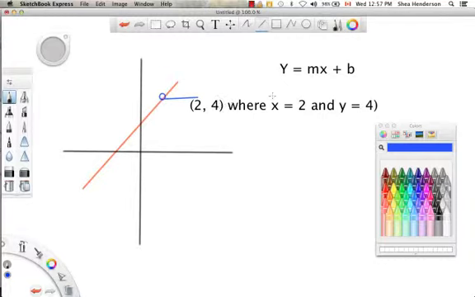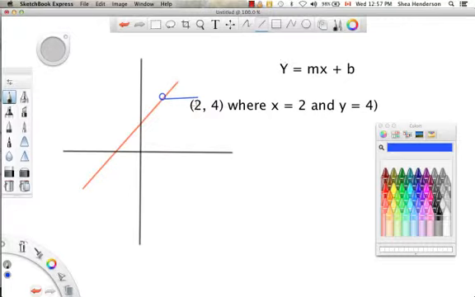So when you're trying to find things in your equation, you can take points on your line and put them into the equation. Say if we were missing b, which is what you're going to be doing in this activity, you can go, well, I've got one point here where y equals 4. Where there's a y in the equation, I take that out and I put the 4 in there instead. Then I've got an x as well.